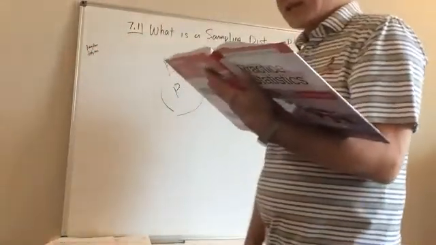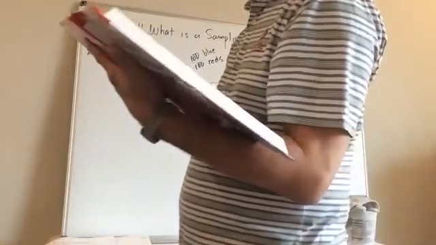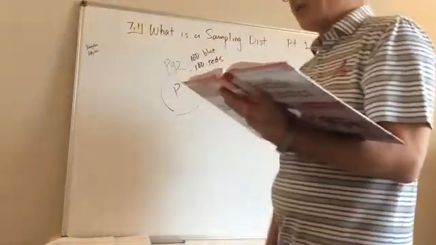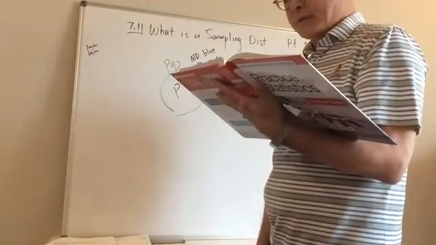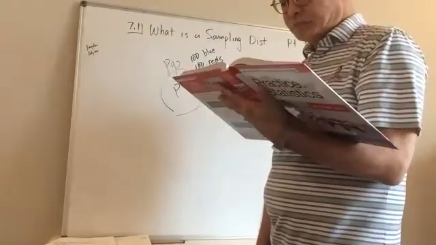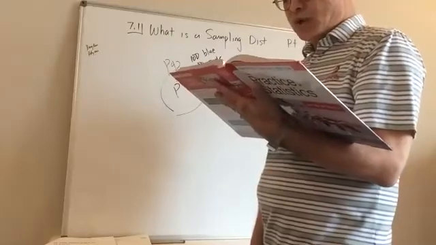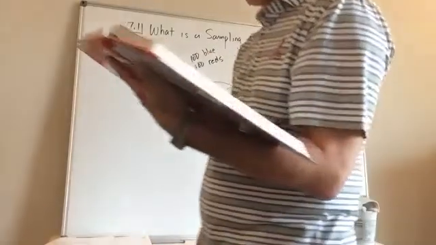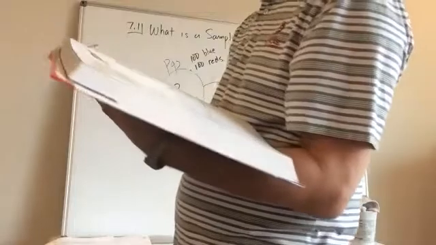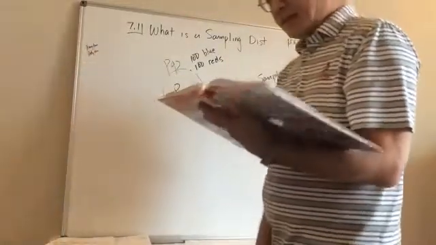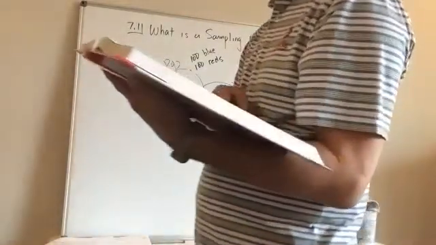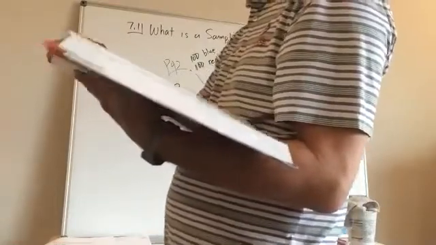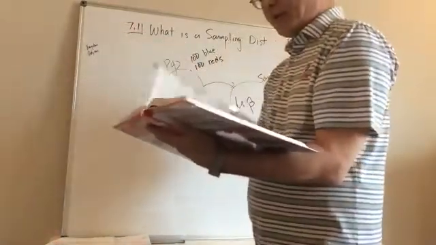B is an estimator with a low bias, which means it's towards the center, but it has high variability. It's kind of all over the place. C would be the absolute worst because it has a high bias with a high variability. Then D would be the best: an estimator with no bias and low variability. That's what you're looking for.